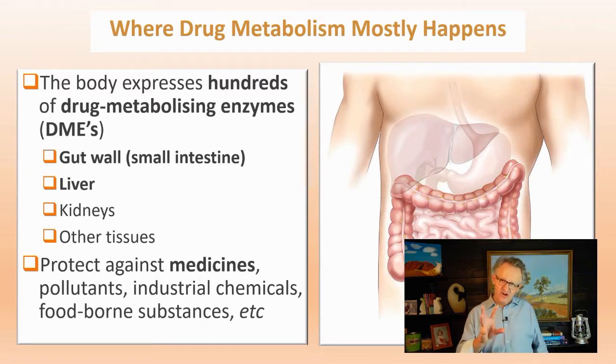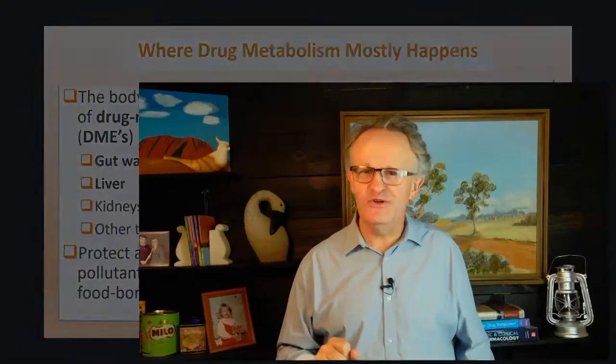Now, also, while we're focusing on pharmaceuticals in this lecture, these processes don't just protect us against pharmaceuticals. So while we call it drug metabolism, bear in mind that these enzymes also protect us against the tens of thousands of chemicals that we can potentially encounter in the modern world, both pollutants that enter the body from the environment, or industrial chemicals that we might be exposed to in the workplace if we work in particular occupational settings that handle chemicals, or if we inhale air in an urban environment.